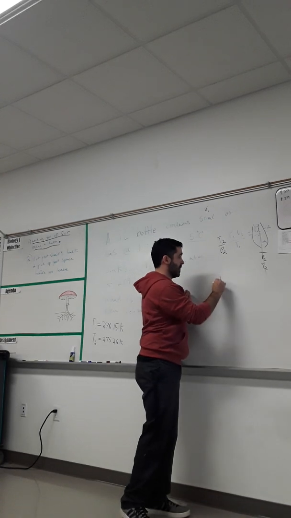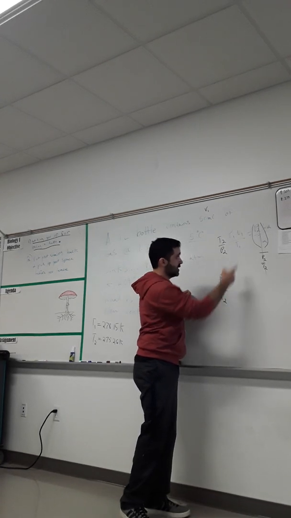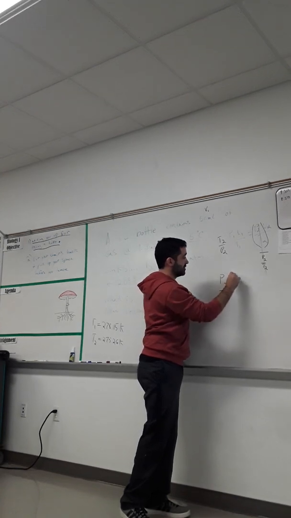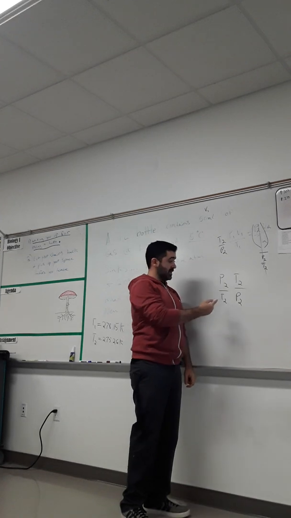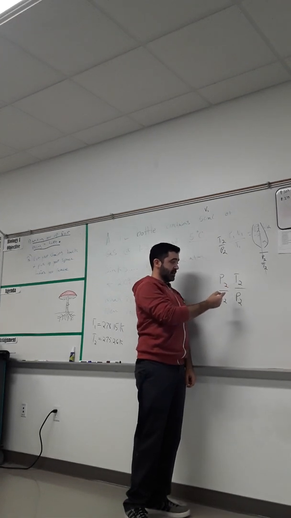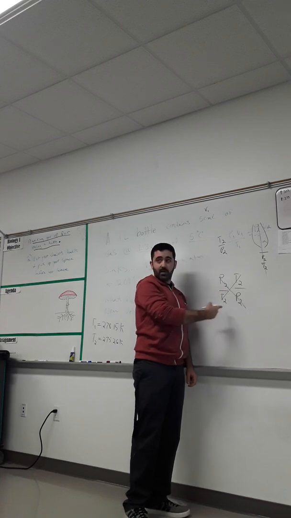Because we divided by P2 over T2, it's the same thing as multiplying by its reciprocal. And as we've seen before, when you have the same thing in the numerator in one and the denominator in the other, they cancel out. So on one side of the equation, this happens.